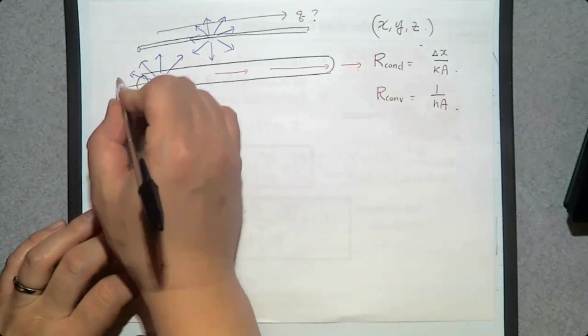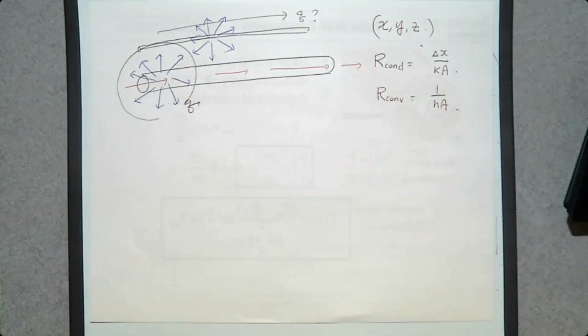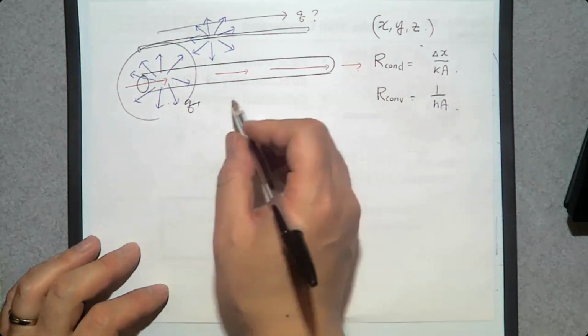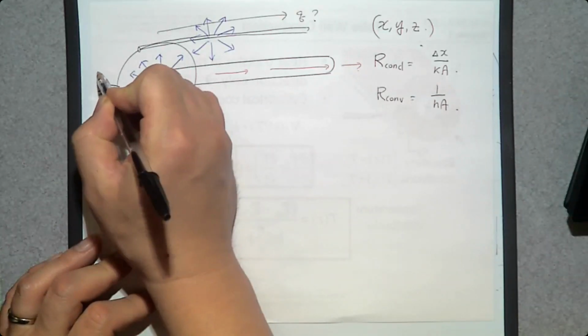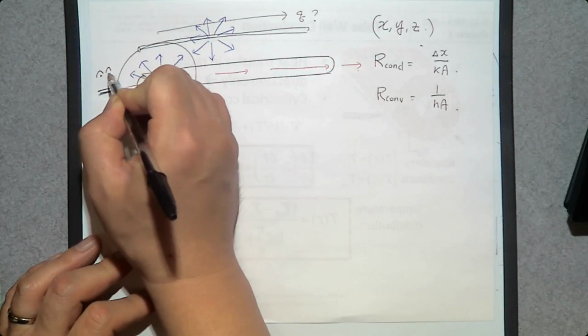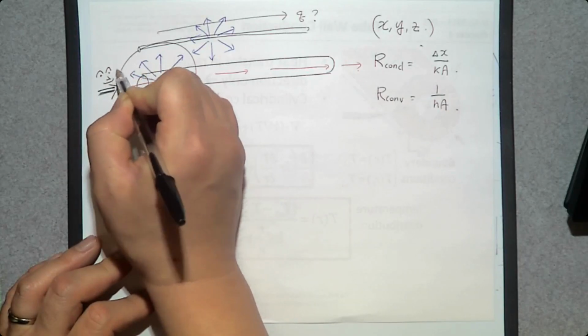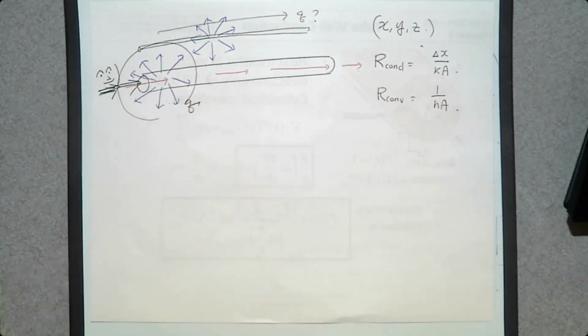If you want to study heat transfer in the radial direction, then what is the coordinate system that we have to use? If you look at the heat transfer this way, you're looking at the cross-sectional area.